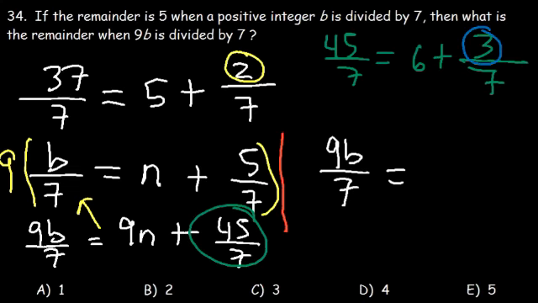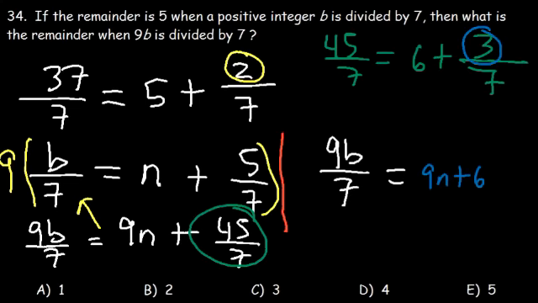So we can rewrite this as 9b over 7. 7 goes into 9b at least 15 times, or 15n, where n is the number of times it can go into. Well, maybe that's not really accurate. I should say 9n plus 6. There we go. Okay, that's more accurate.